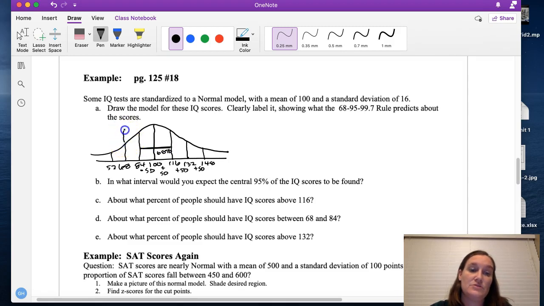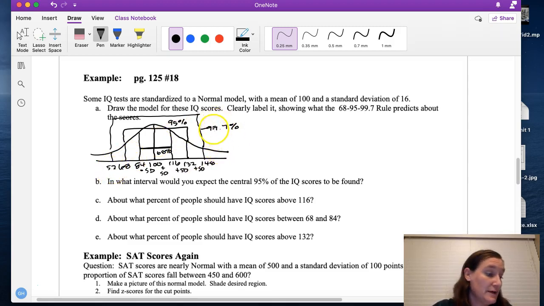95% of your data is within 2 standard deviations. So 95% of people's IQs are between 68 and 132. And 99.7% is within 3 standard deviations. So 99.7% of people's IQs are between 52 and 148.